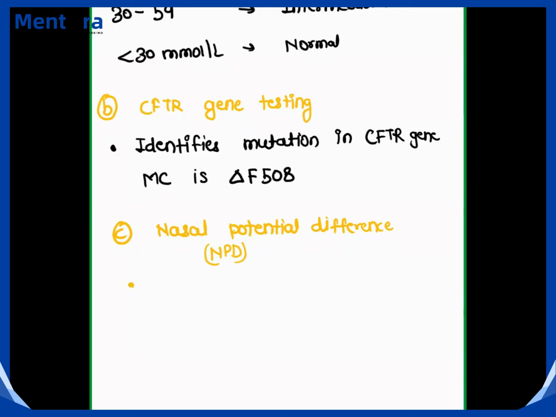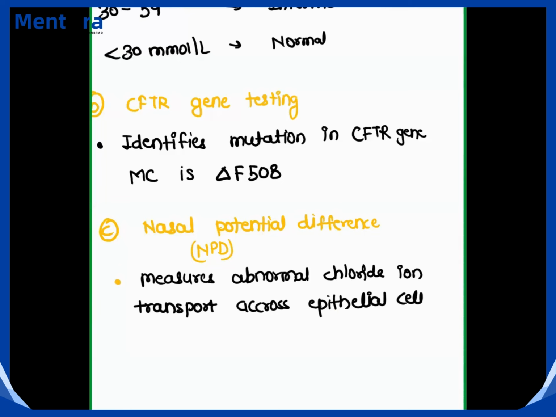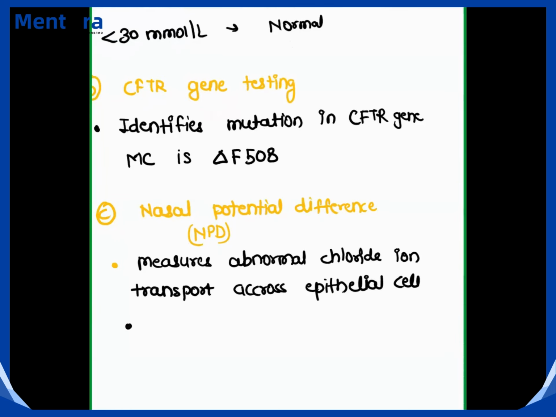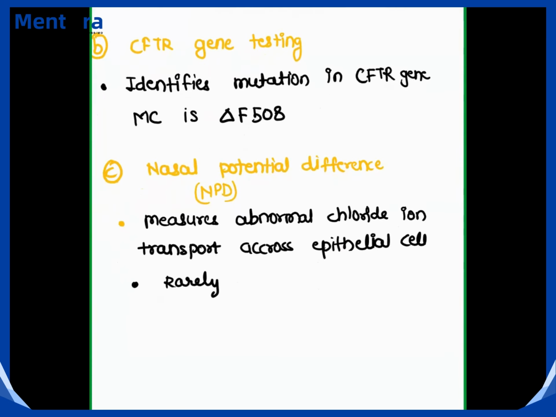It measures abnormal chloride ion transport across the epithelial cell. But it is rarely done. When sweat test and genetic tests are inconclusive, then only it is done.